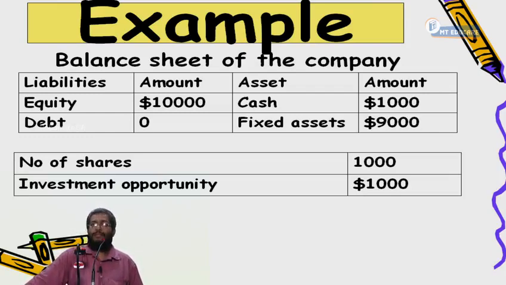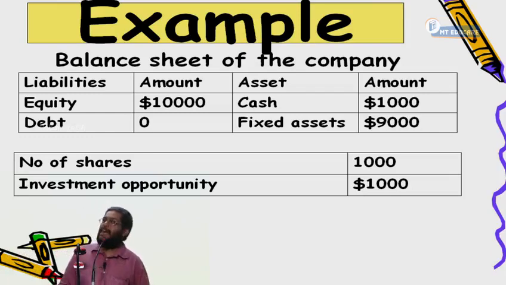Next, point number 3. The example and question number 9 are same, correct? Don't get confused by the numbers here. I am saying concept.